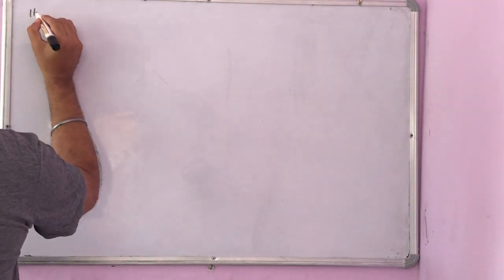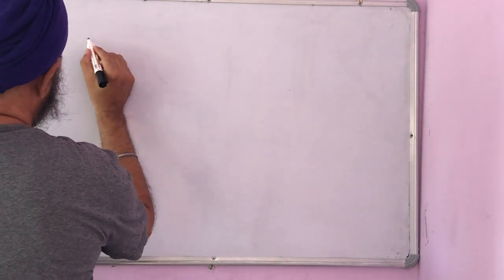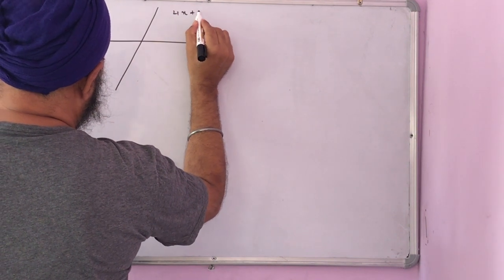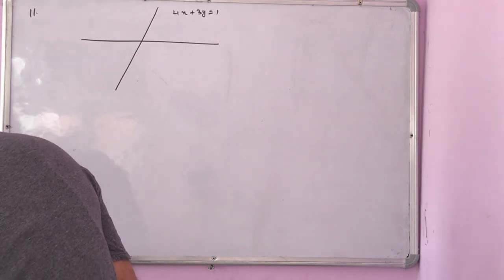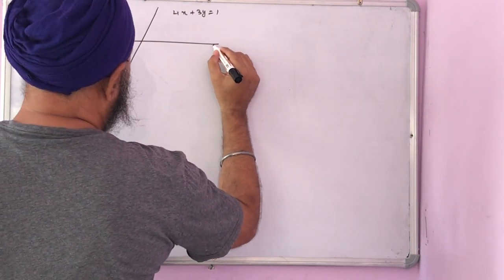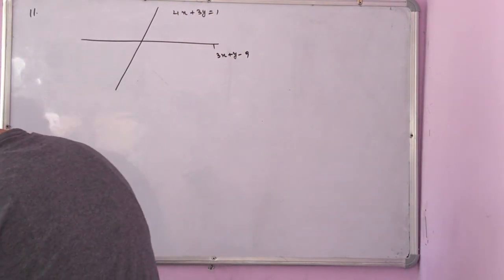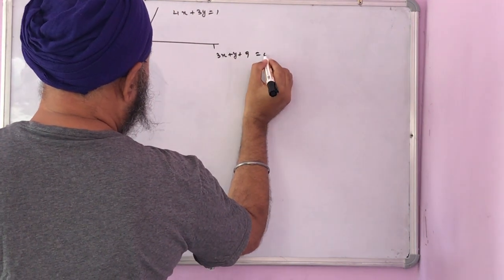Question number 11 is: find the point of intersection of the lines 4x plus 3y equal to 1 and 3x minus y plus 9 equal to 0.